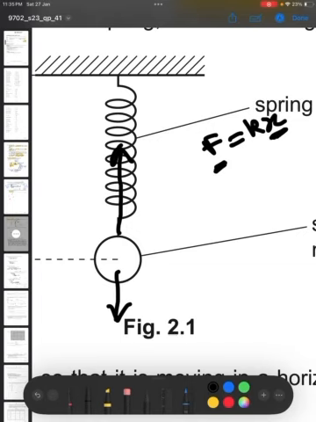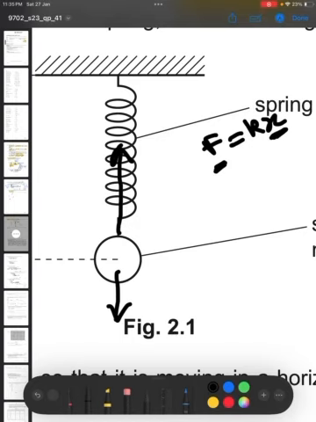If we apply Newton's third law, the spring is applying a force on the sphere, and the sphere is applying a force on the spring. Of course, these forces don't cancel out because they're acting on different bodies. So the spring is applying a vertical force on the sphere.